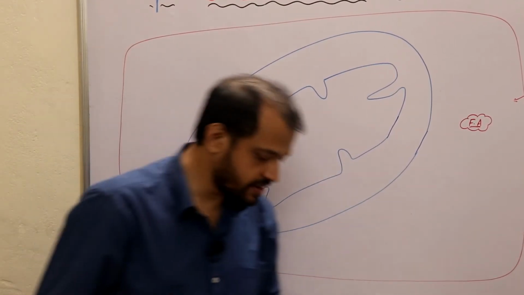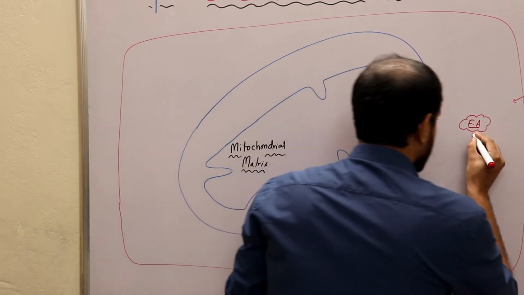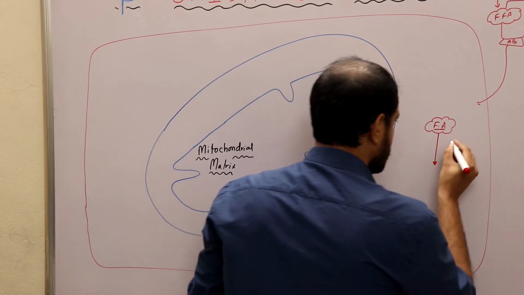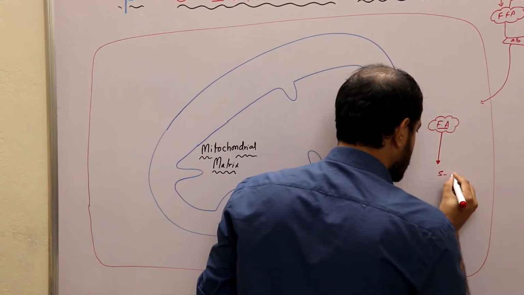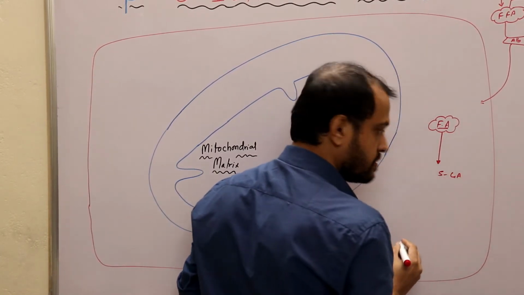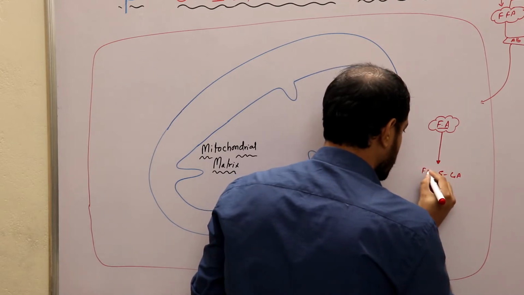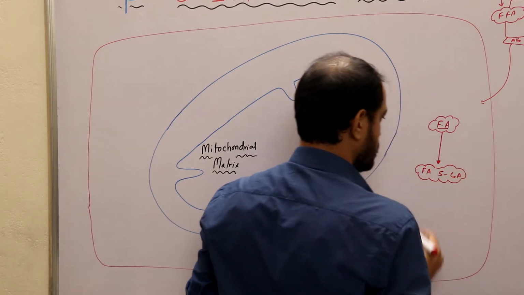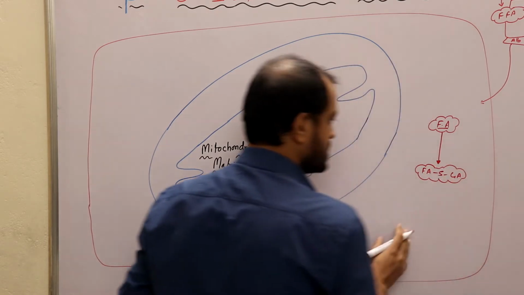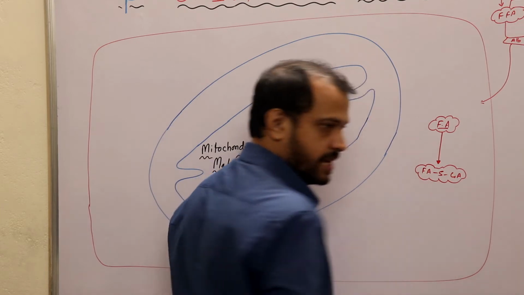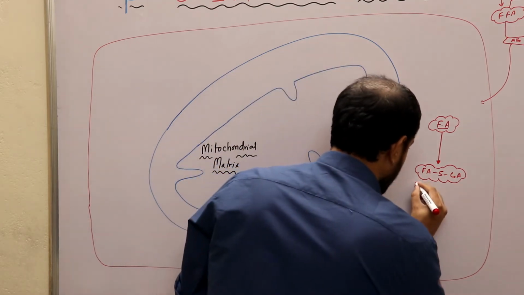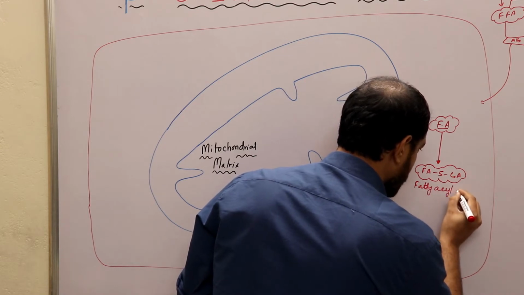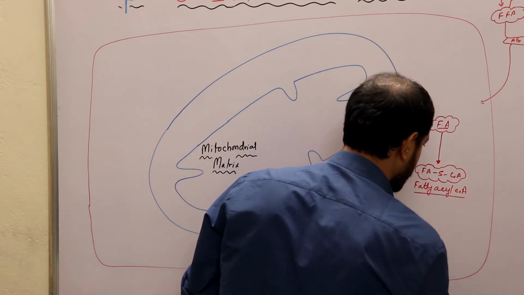What do you mean by charging of fatty acid? That means you will have to add S-CoA, that is coenzyme A, to this fatty acid. That means it will become fatty acyl CoA.